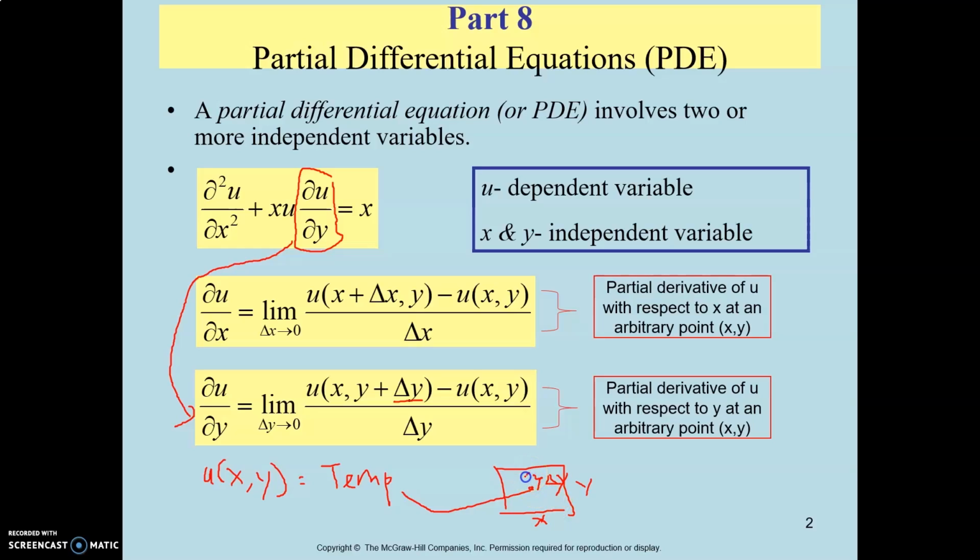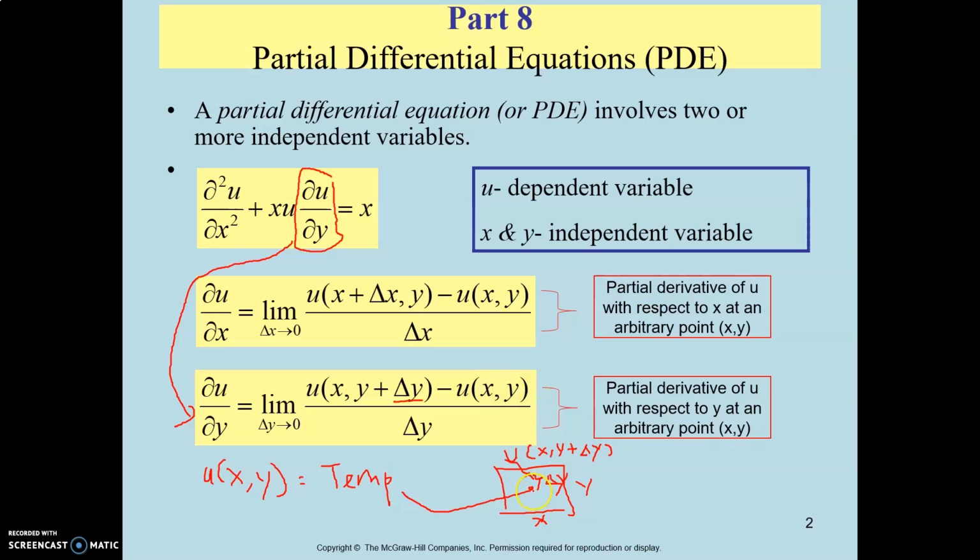So let's say at this point, we have u at x, because it's the same x direction, and y plus the delta y, because it's on top, right?